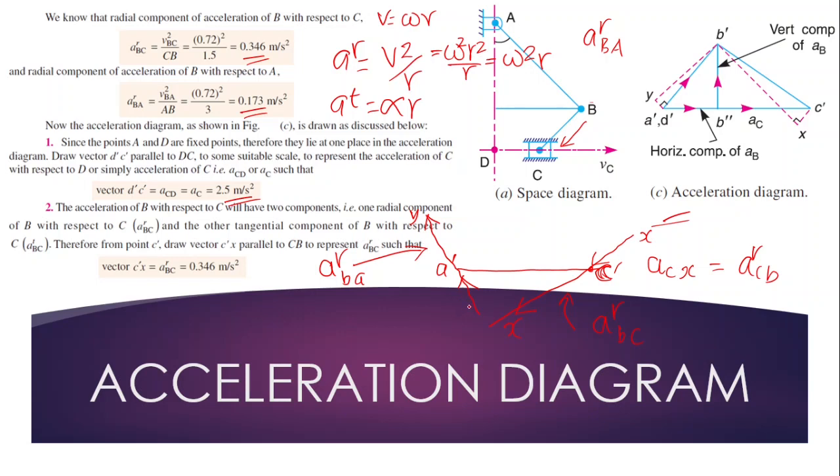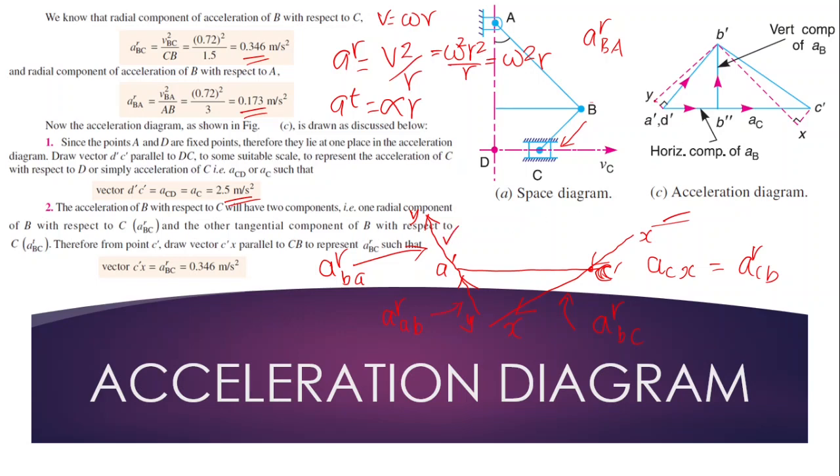Here if we select this one as the radial component, then this one will be the radial component of acceleration of A with respect to B. If we select this point as B or Y, then this one will be the right choice.